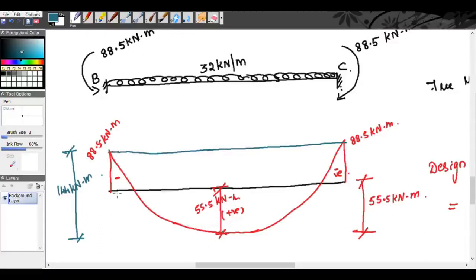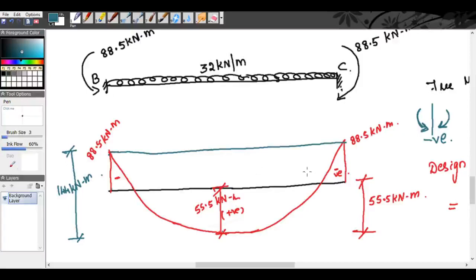So at the supports the negative bending moments are 88.5 kilonewton meter, because while we are taking the bending, the right clockwise and left anti-clockwise is negative.